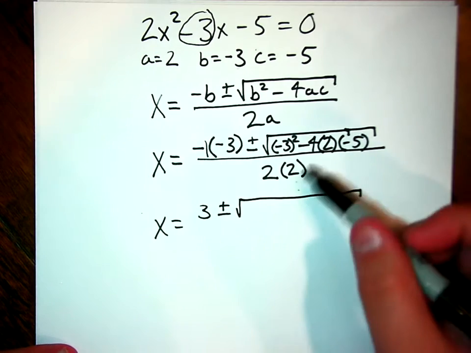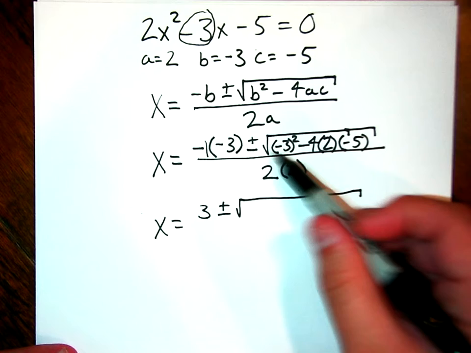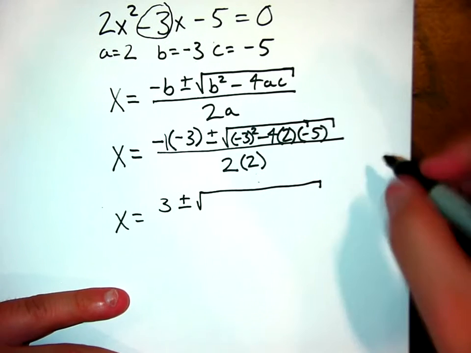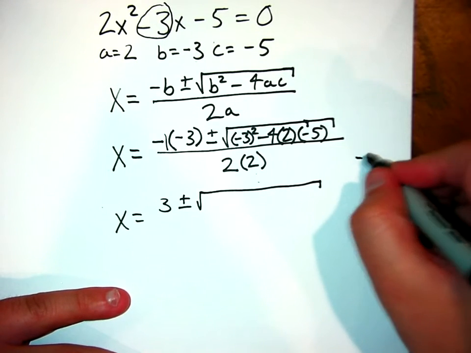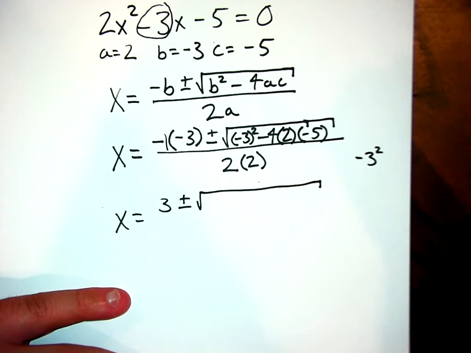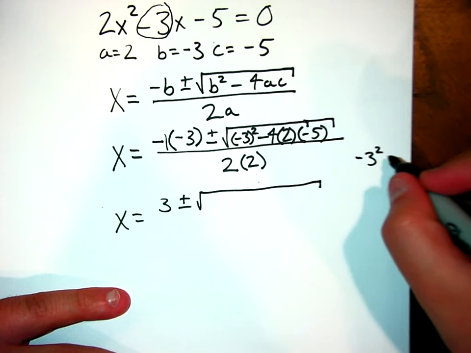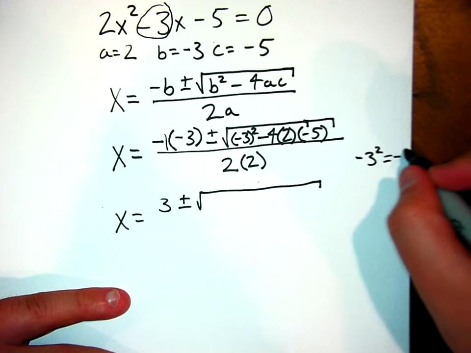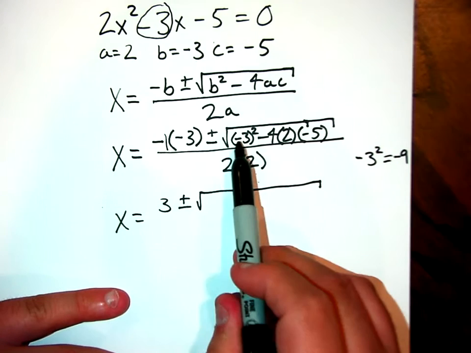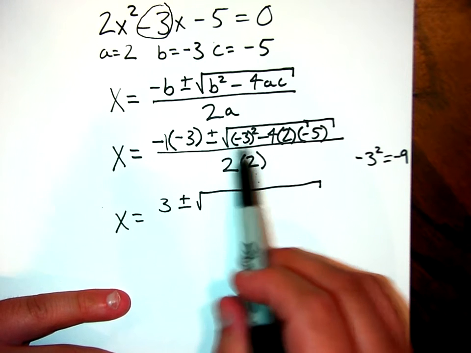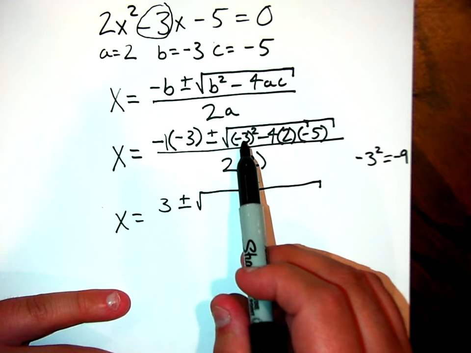Here, the first term is going to be my negative 3 squared. Now remember, as a small sidebar, negative 3 squared with no parentheses, this negative sign isn't included in that. Okay, it's not included. So that is going to yield a negative 9. But since we're substituting something in here, it goes inside parentheses to help you know that that negative is part of the 3.